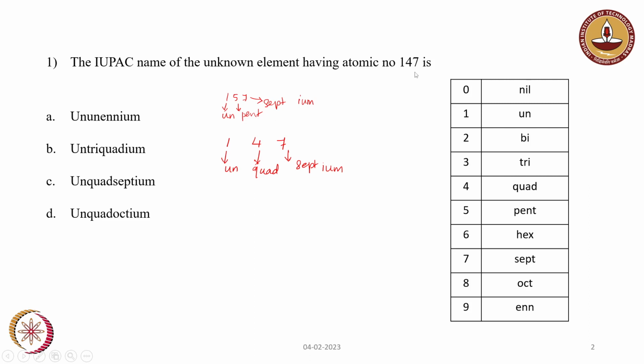So for 147, we have 1 as un, 4 as quad and 7 as sep. And at the end of the nomenclature, you will have to add IUM. So the nomenclature for 147 will be unquadseptium. So option C is the answer.